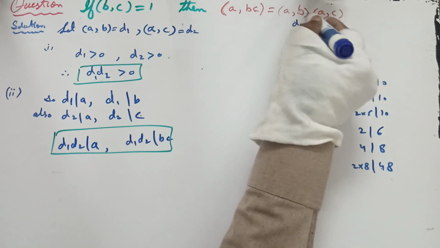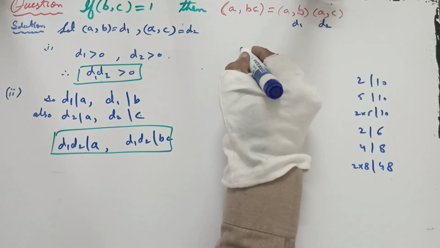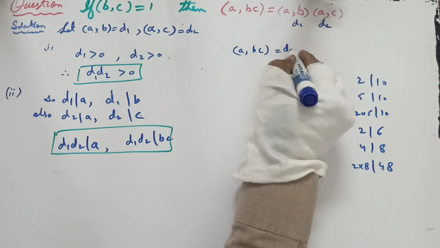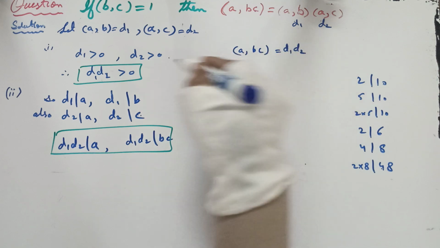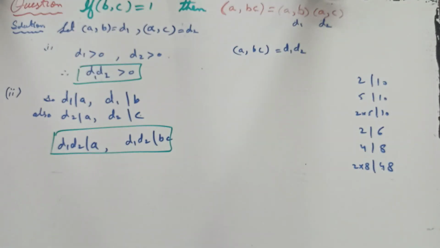Actually, what we are going to prove is that if the GCD of A and B is D1 and the GCD of A and C is D2, then A and BC have GCD D1 D2. What we have to prove is that the GCD of A and BC must be D1 D2. Now we satisfy the three conditions of GCD. What is the third condition?